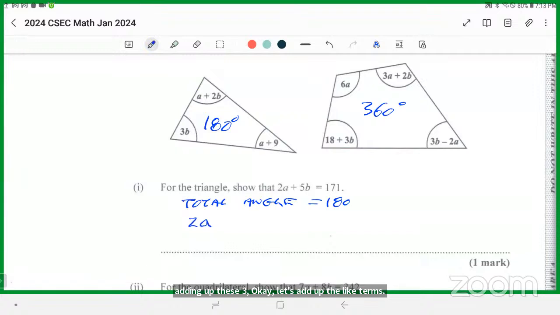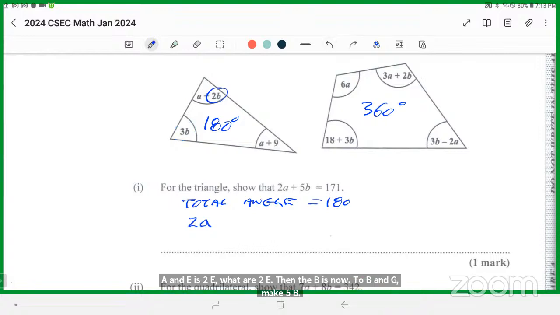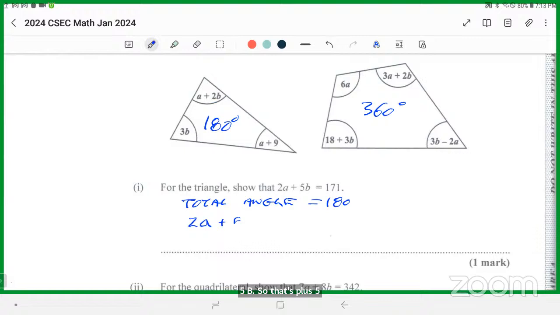Then B, 2B and 3B make 5B, so plus 5B. And then the only number in there is this 9 right here.